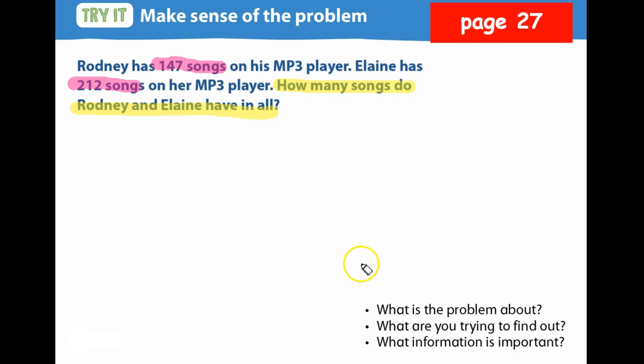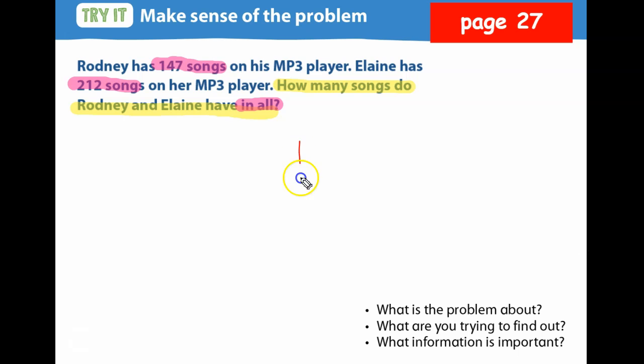What am I going to do with both of those numbers? Add them. How do I know to add? There's a key phrase. It says in all. This is what I'm going to need. So I need to add them, right?